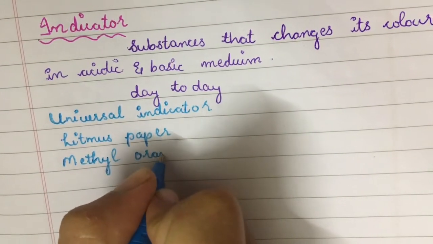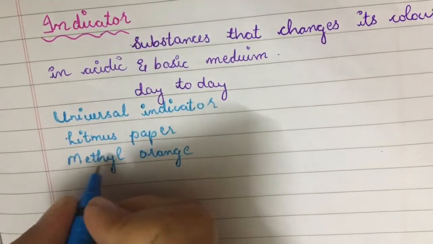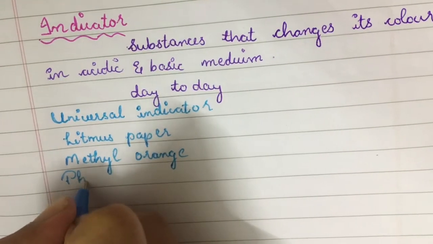Other than these indicators, there are many indicators. So we will be studying these four types of indicator.